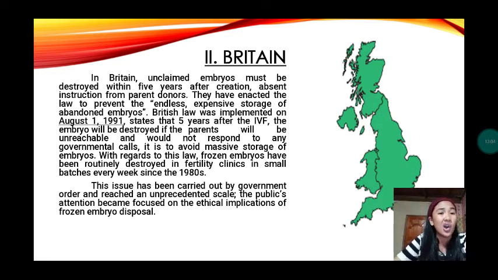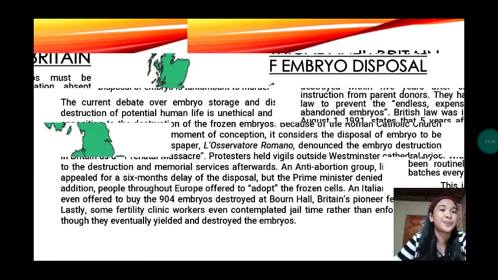With regard to this law, the frozen embryos have been routinely destroyed in fertility clinics in small batches every week since the 1980s. This issue has been carried out by government order and reached an unprecedented scale. The public's attention became focused on the ethical implications of frozen embryo disposal.